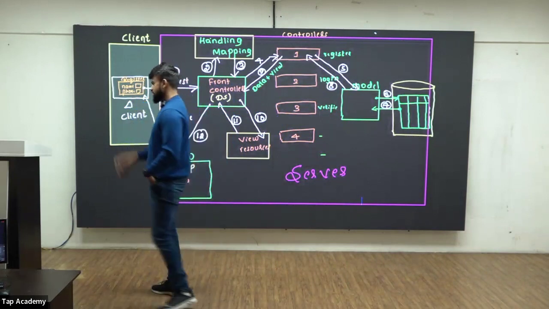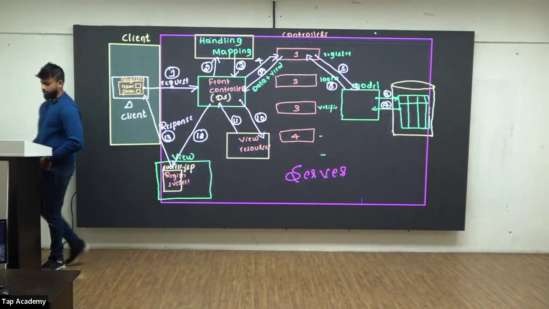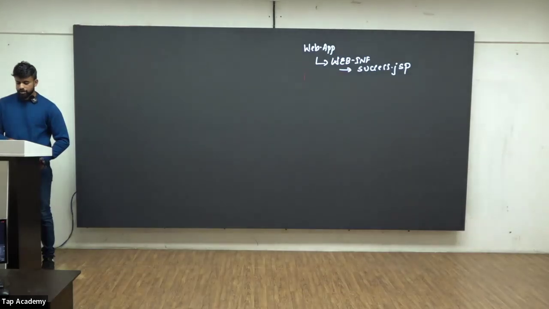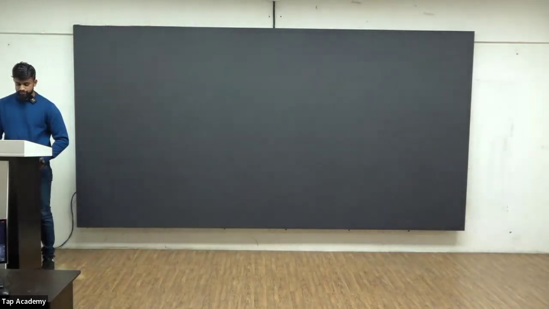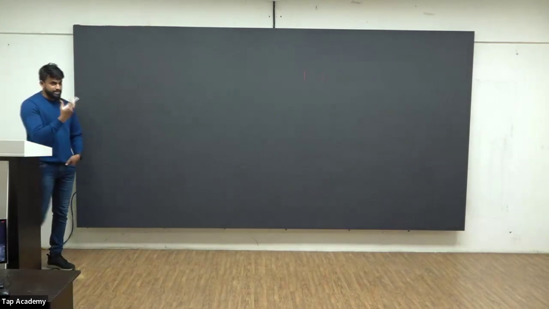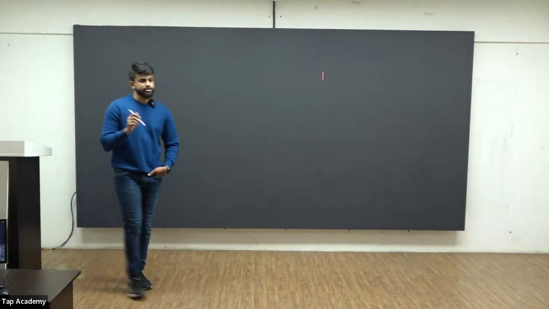Great, okay. Whatever I have done here, we now have to start building one web application. Before I build a web application, first we have to set up a server. You're not building a Java project now; you're building a web application. Who will be maintaining all of that? Apache Tomcat.